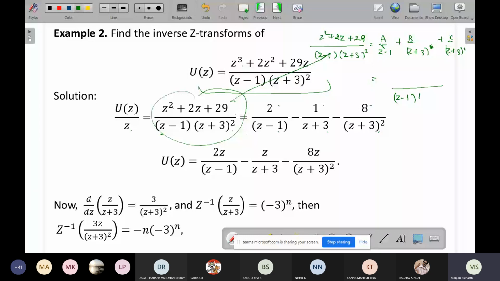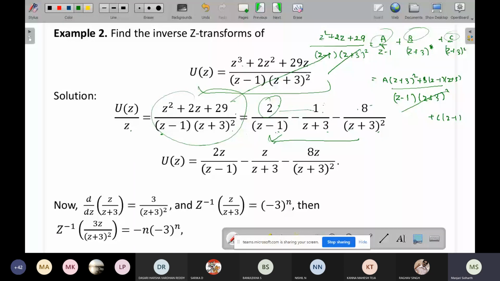A will be multiplied by Z plus 3 whole square, B will be multiplied by Z minus 1 and Z plus 3, and C will be multiplied by Z minus 1, so the denominators cancel out. Then just comparing the coefficients of Z square, Z and the constant term, you will get the values of A, B, C. Here A is 2, B is minus 1, C is minus 8. Now how to deal with this? Very simple, right?